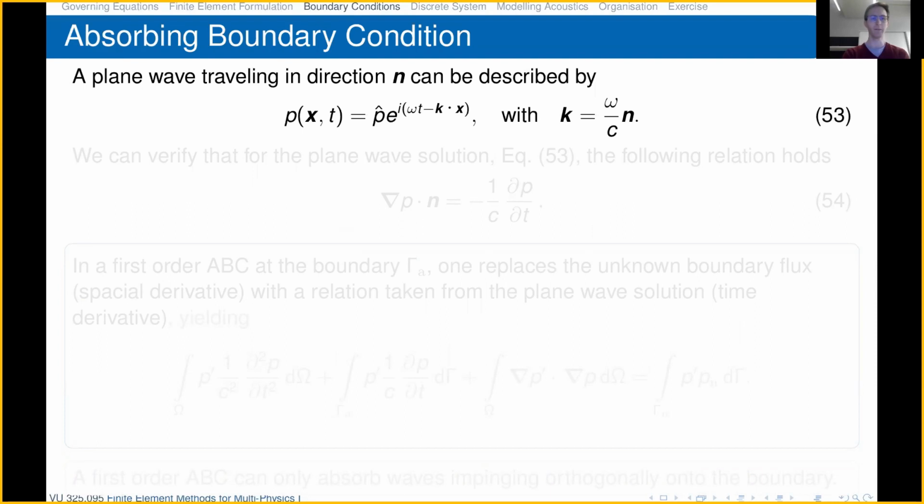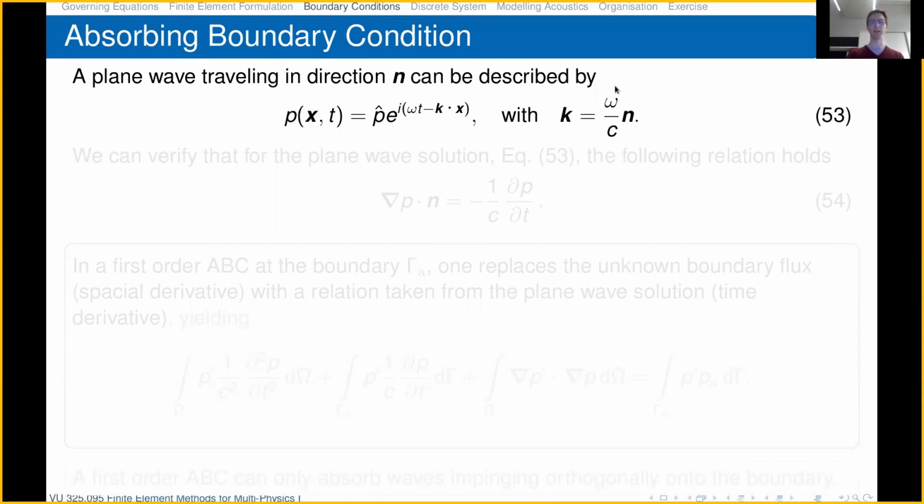When we have a plane wave traveling in direction n, it can be described by the following relation: p hat, so this is our amplitude, times the exponential of i, which is the imaginary unit, times the typical wave solution, omega t minus k dot x, where k is our wave vector.